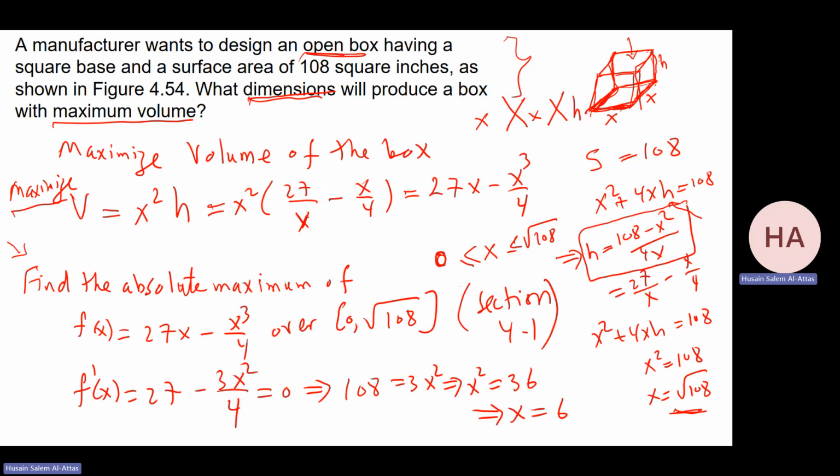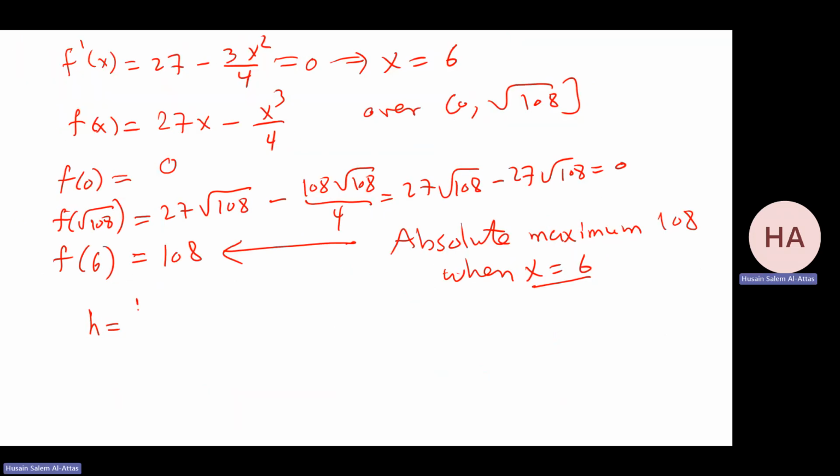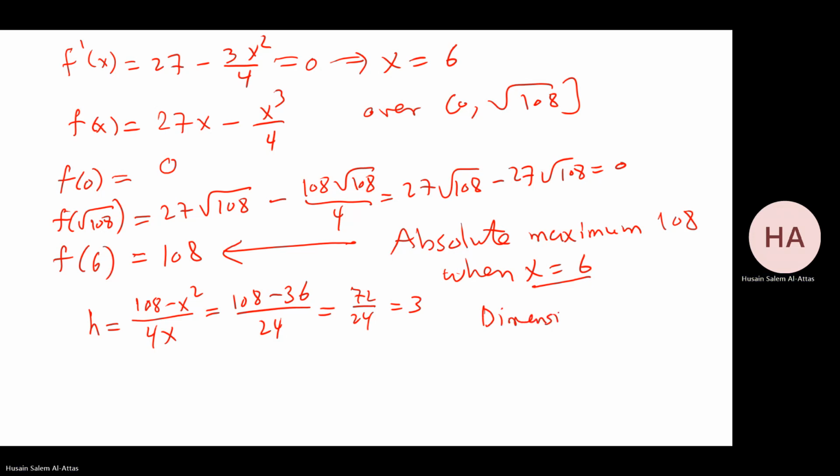So it will be 108 minus x squared over 4x. That will be 108 minus 36 over 24. That is 72 over 24, which is 3. So the dimensions are 6 by 6 by 3.